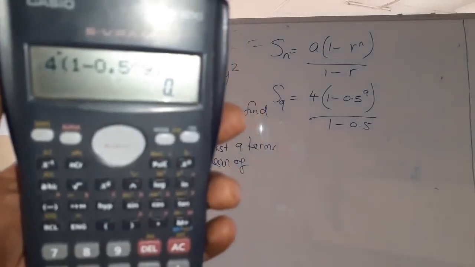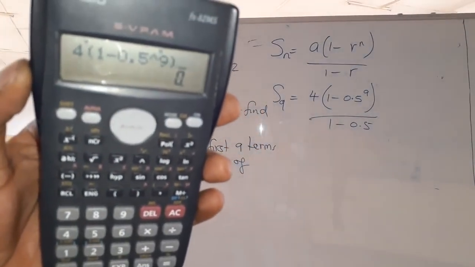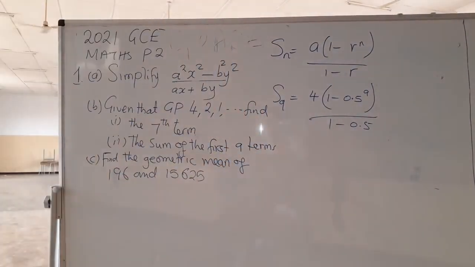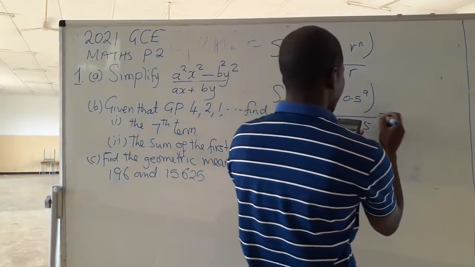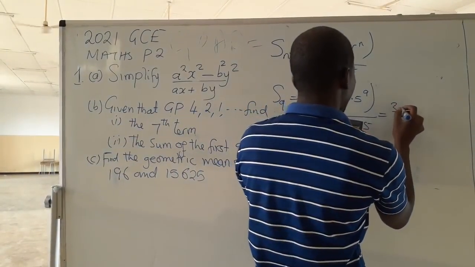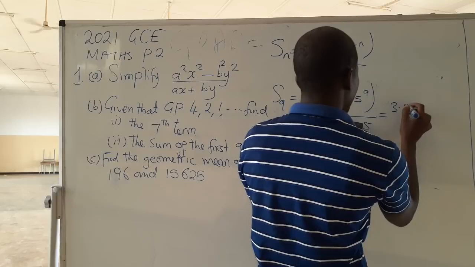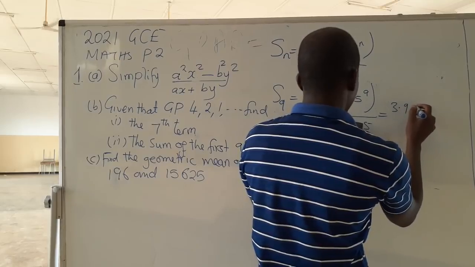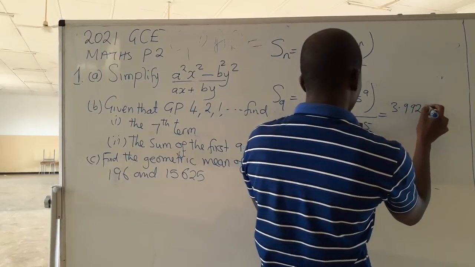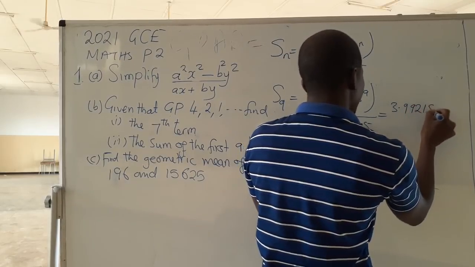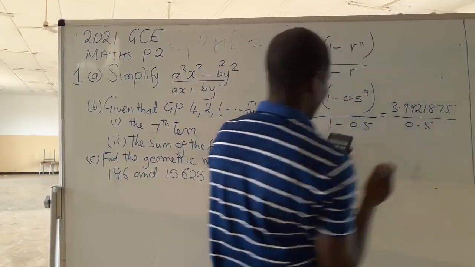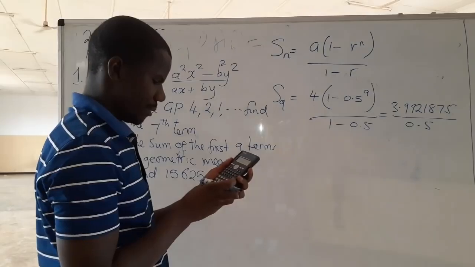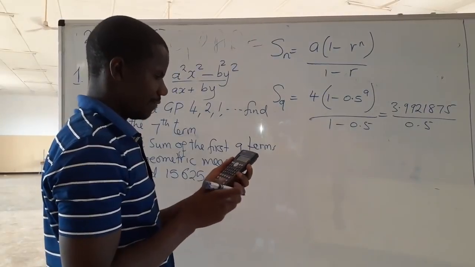Are we able to see this one? Just like this, and we say equals. So equals, we're going to get 3.9921875 divided by 0.5.